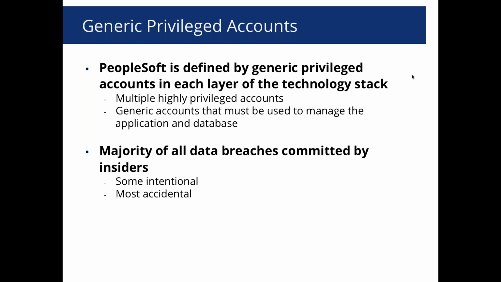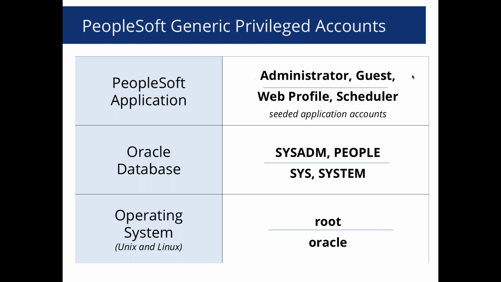This insider threat is not necessarily always a nefarious action of a disgruntled ex-employee or a contractor, but is also very much, unfortunately, due to accident, right? So a good employee trying with the best of intentions to do something either has an accident or is not trained, and they make a decision that could result in a data breach. So privileged accounts are really what we're driving at here today.